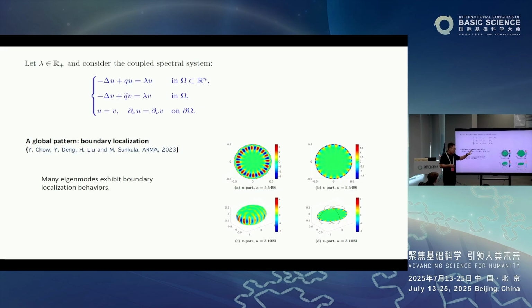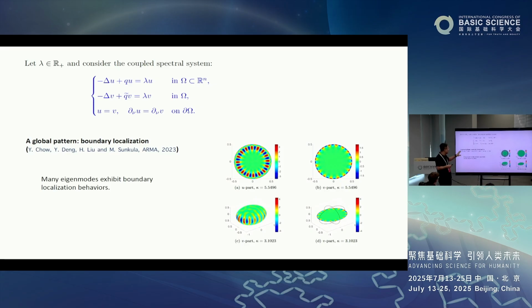That means their L2 energy localizes near the boundary of the domain. Here I give some simple illustration. You see that when the arguments go inside the interior of the domain, they decay very rapidly. So the energy is basically localized near the boundary. This is what we call a global pattern.